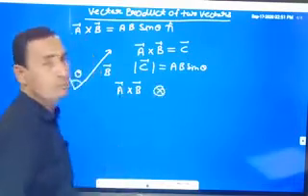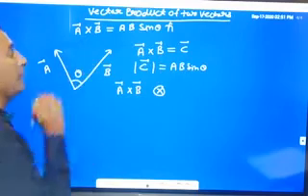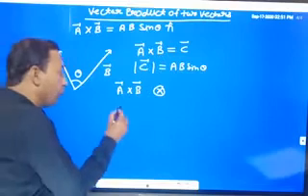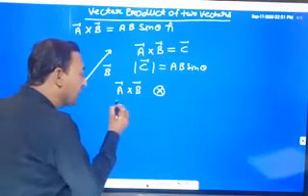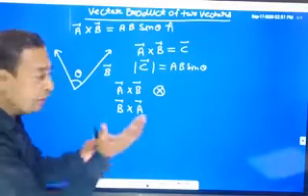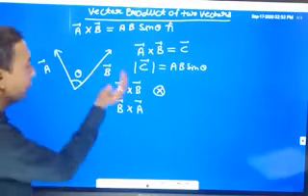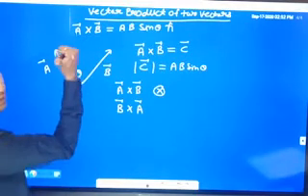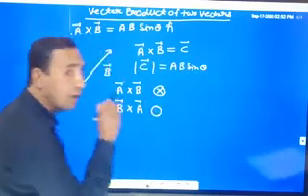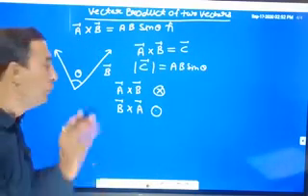Cross means inward, perpendicular to the plane of the board. If we take the direction of b vector cross a vector, now rotate your fingers from b to a. So the thumb is outward. So the direction of b vector cross a vector is outward, perpendicular to the plane of the board.